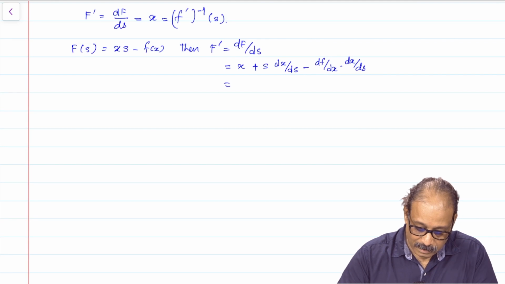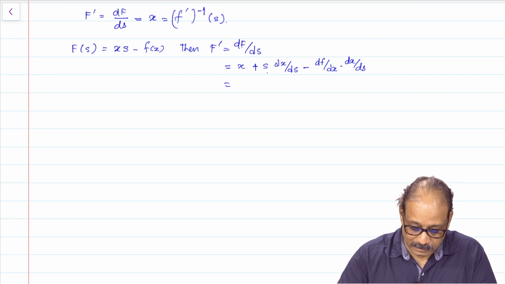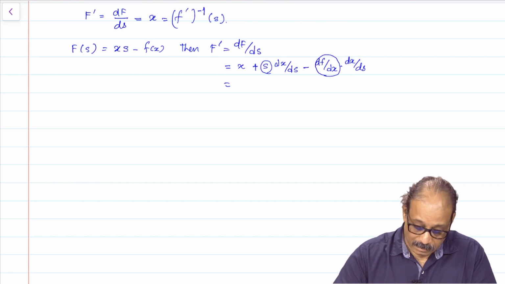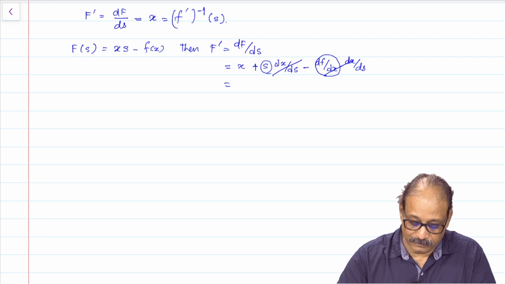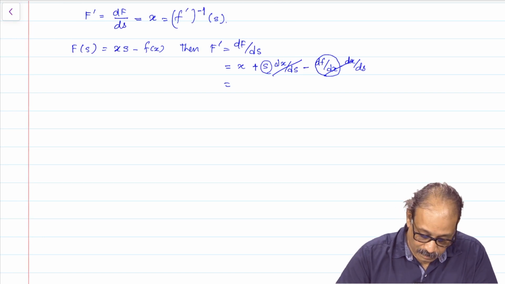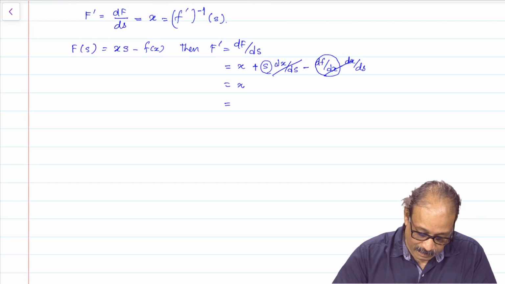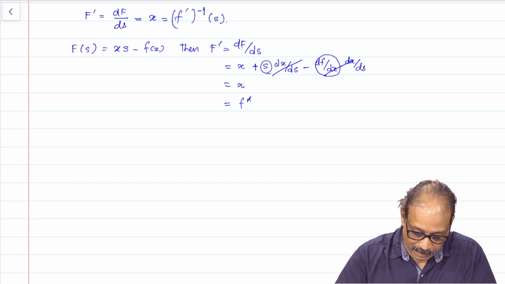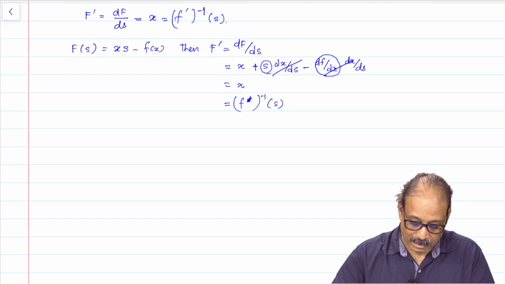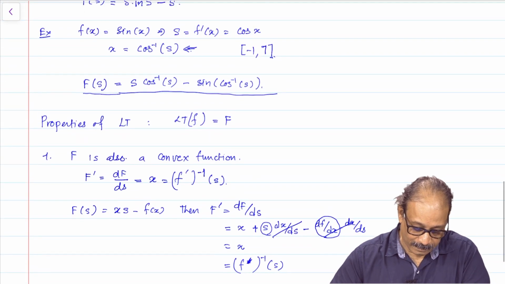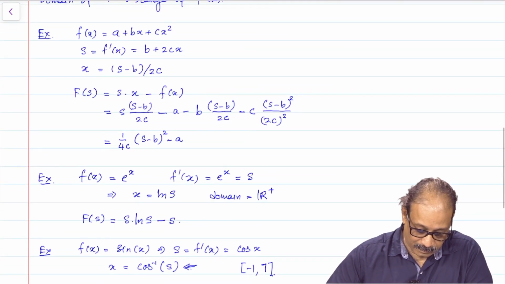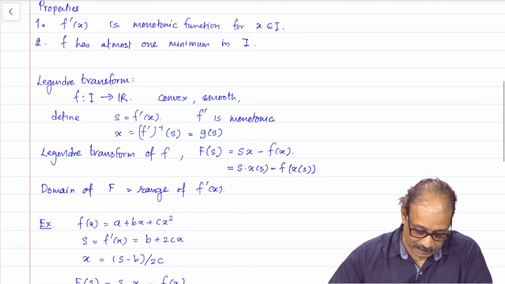But notice that s is the same as df over dx. So, these two terms will cancel each other, leaving you with x, and this means that this is exactly equal to f prime inverse of s. Remember, this is the definition of the variable s. I will go back there, there it is.